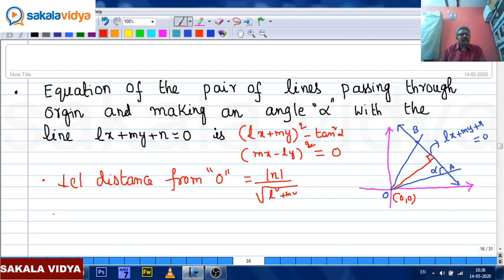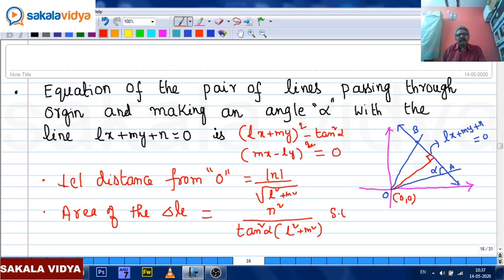Area of the triangle also you can write. Area of the triangle equals n square by tan square alpha into L square plus M square square units.